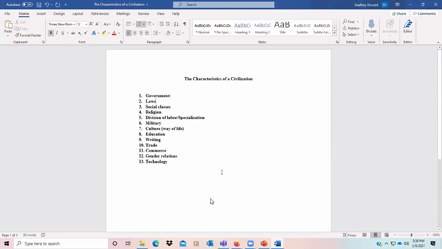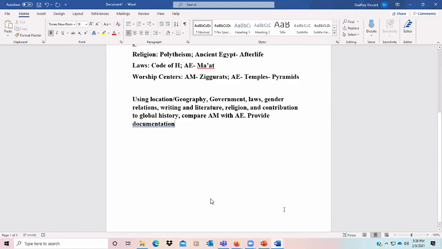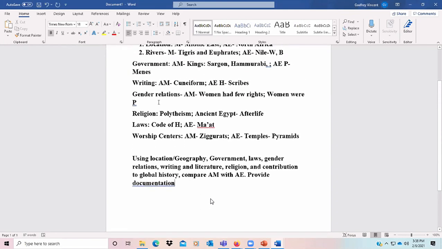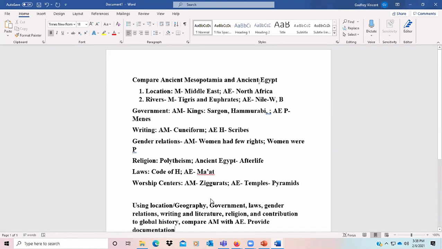We have studied ancient Mesopotamia, so document your notes, in addition to what we have on Blackboard and PowerPoint, what is in the book, and what is on the internet. This is for your own research and development, so you can practice comparing civilizations.